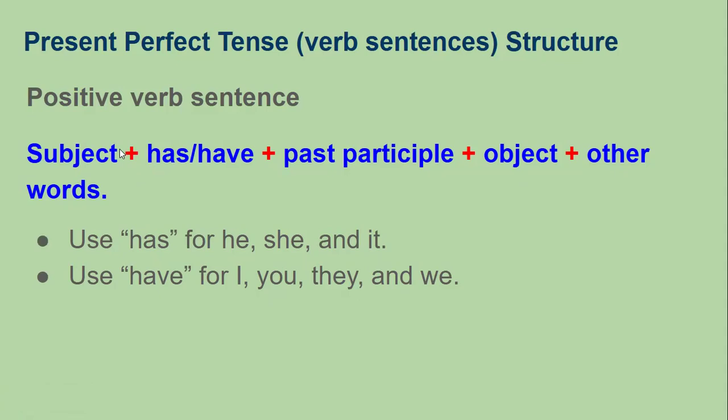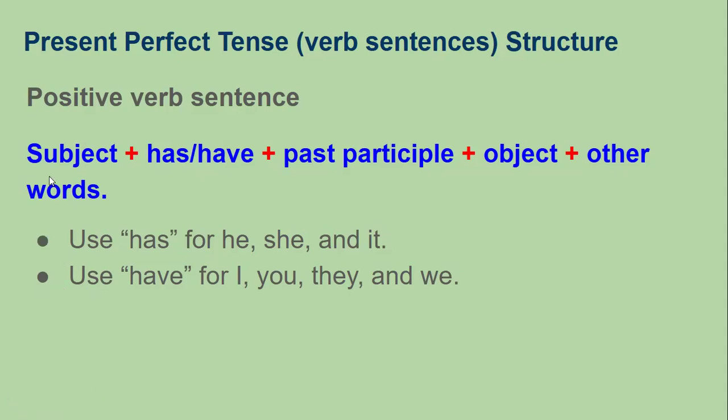If your subject is I, you, they, or we, you use have. And after that, you put the past participle, the third form, then the object. After the object, you put other words. So this is the structure of the positive verb sentence, present perfect tense. And then these are the rules associated with it.